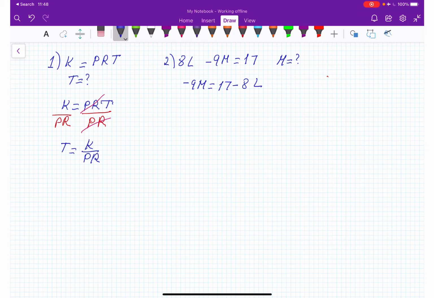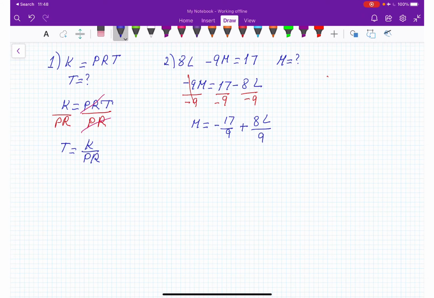So if I'm solving for m, I need to divide by negative 9, right? Because the coefficient of m is negative 9. So divide here by negative 9, and divide here by negative 9. Correct? So this is going to be gone. There is nothing else to cancel, and I'm getting m is equal to negative 17 over 9, and the negative in the second fraction will be plus 8L over 9.